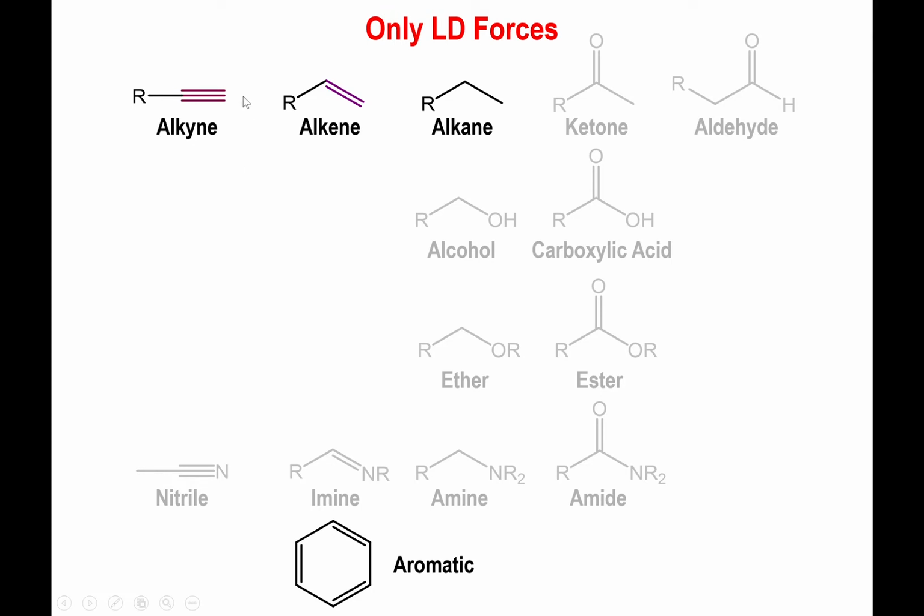The first thing, as I mentioned, is that the alkynes, alkenes, alkanes, and even your regular aromatic groups only contain carbon-carbon bonds and carbon-hydrogen bonds. And it doesn't really matter whether they are double bonds, triple bonds, or single bonds. The electronegativity differences are not high enough to create polar bonds of any kind. So these four groups automatically contain only London dispersion forces.